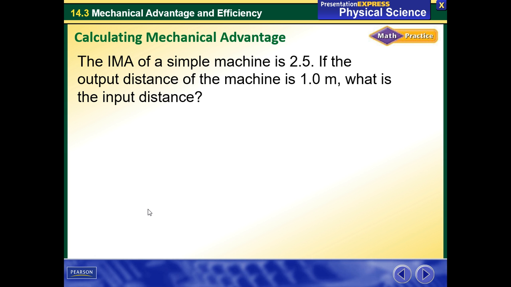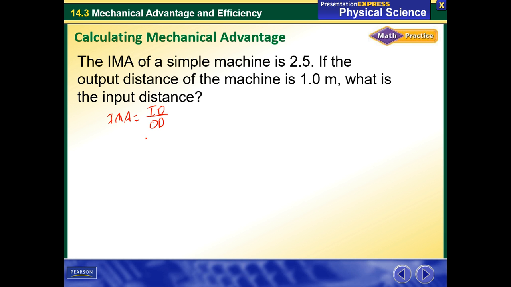Now, if I give you the equation, I want you to be able to rearrange it and solve for any other piece of it. So if I give you IMA and output distance, I want you to be able to solve for the input distance. We're going to do that here with this example. So remember, IMA equals input distance divided by output distance.